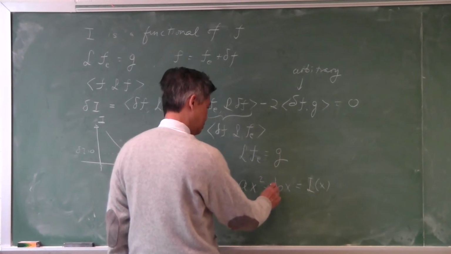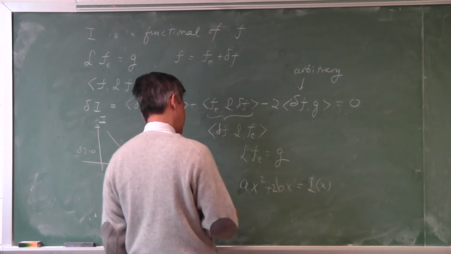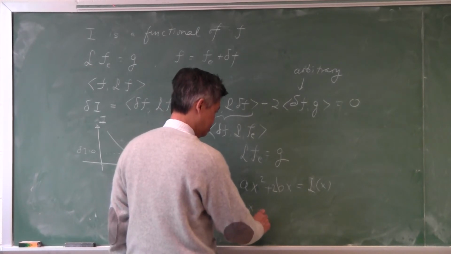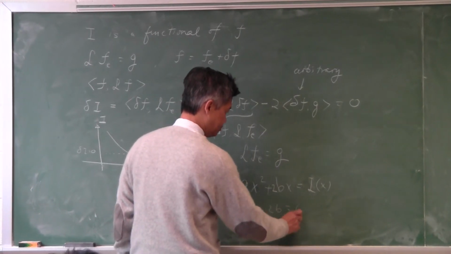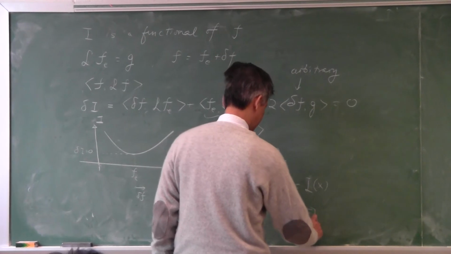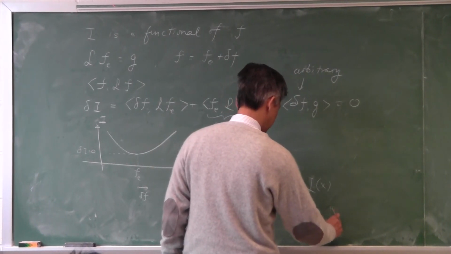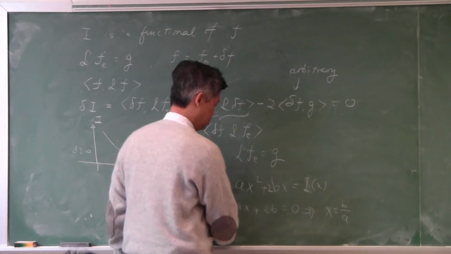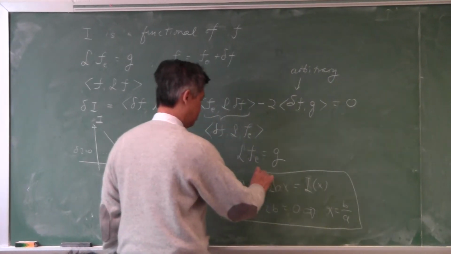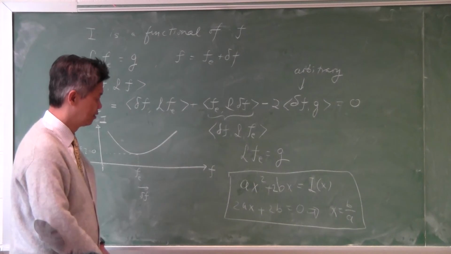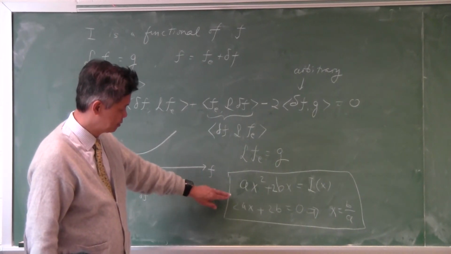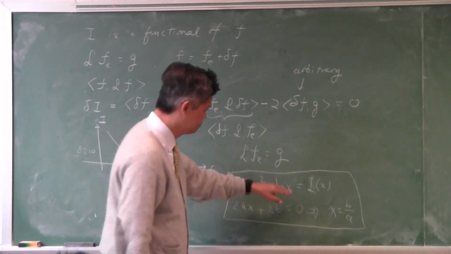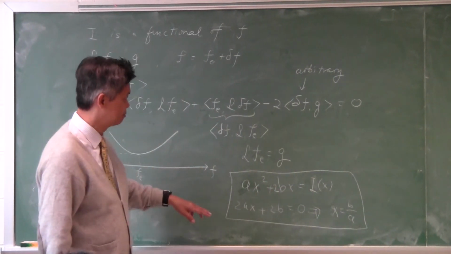And if you, let me put a 2 here. If you differentiate this, then you get 2ax plus 2b equals to 0. And this equation gives you x is equal to b over a. Okay. So this is for a one-dimensional equation. The variation expression would have looked something like this, and you would have found the minimum very easily by solving this one-dimensional problem.